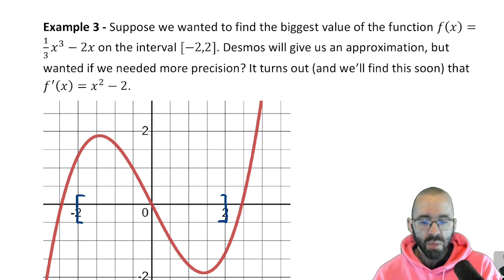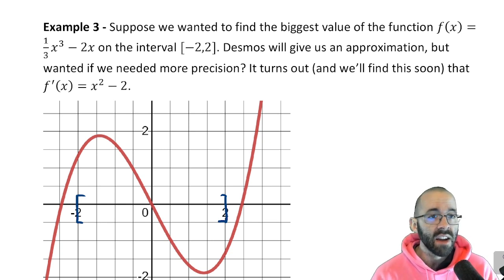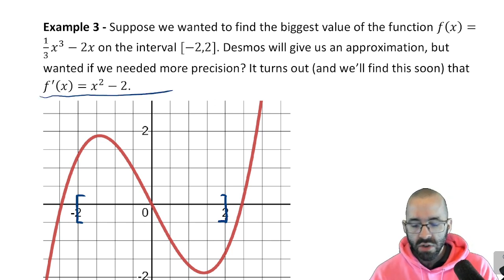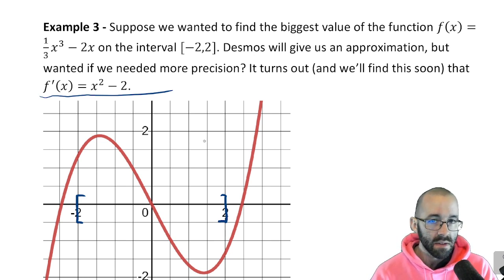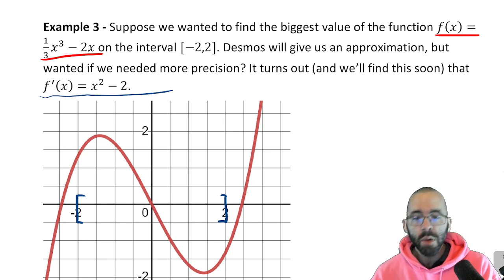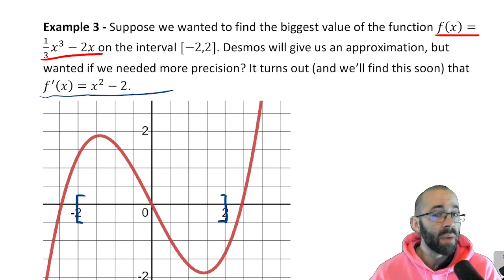Well, pretty soon we're going to figure out how to find f prime of x, how to find the slope at any point. But for now, just trust me that the slope of this red function at any point is given by this blue function.